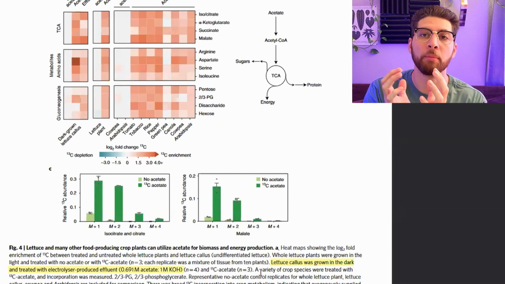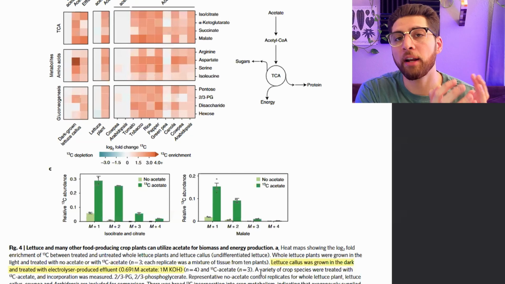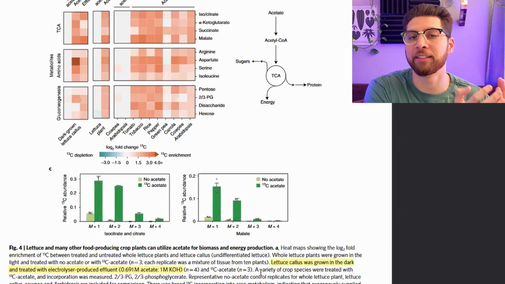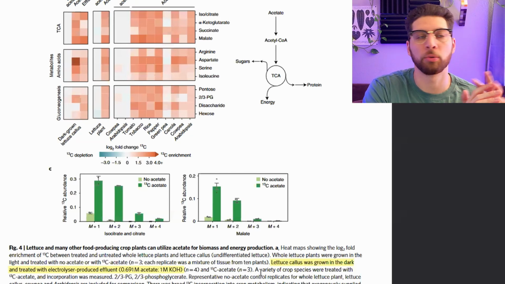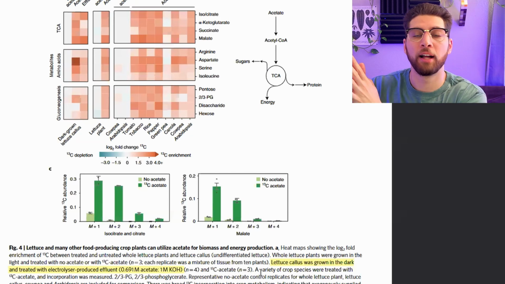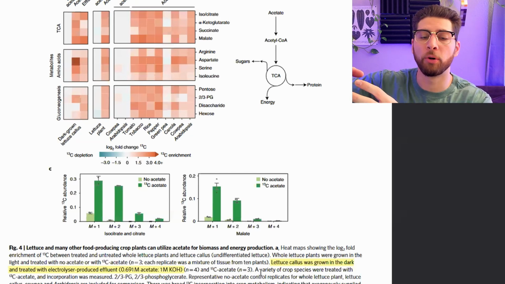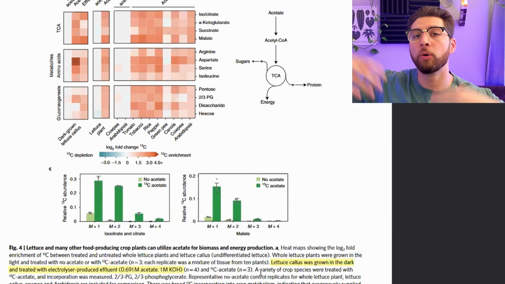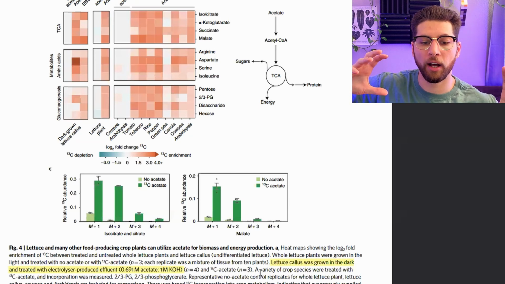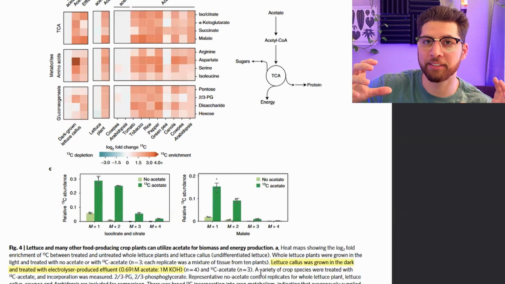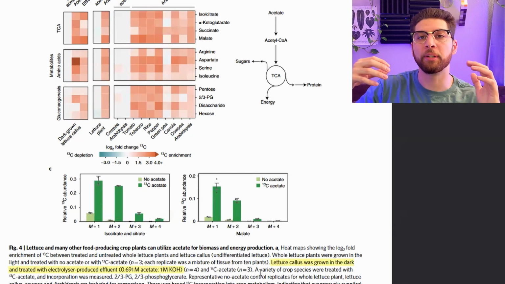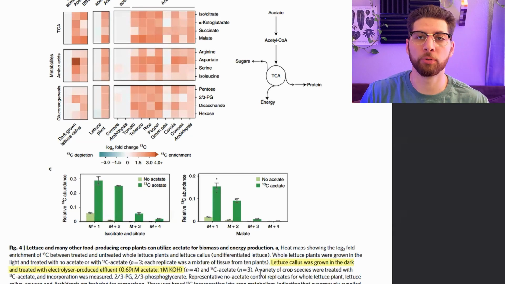They essentially got a version of acetate that, instead of being made with the naturally occurring C12 carbon, has this labeled C13 carbon. So when the plant grows on the C13 acetate, the carbon that has that C13 labeling ends up getting incorporated in other molecules in the plant.